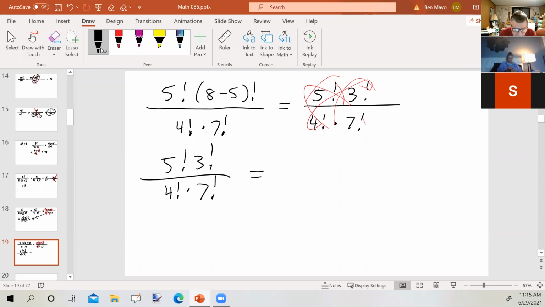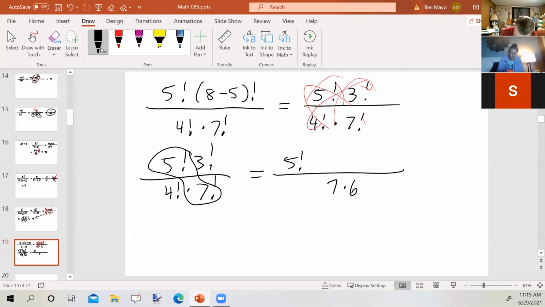What I'm going to do is I'm going to deal with this. So that's going to be 5 factorial on top and 7 times 6 times 5 factorial on the bottom. Okay. And then I'm going to deal with this, which is going to be 4 times 3 factorial on the bottom and 3 factorial on top.